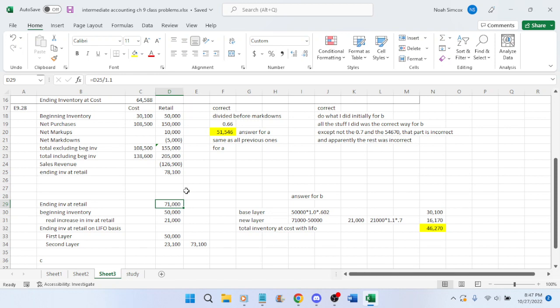How is that correct? $30,100 plus that equals that. We got 73,100, is something or other.